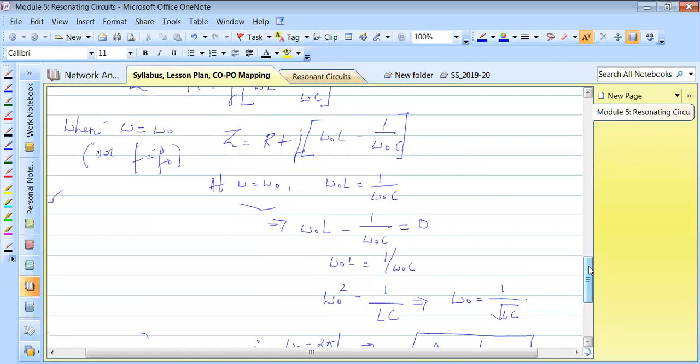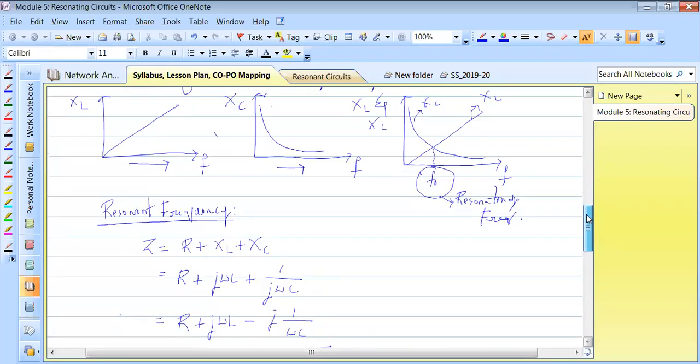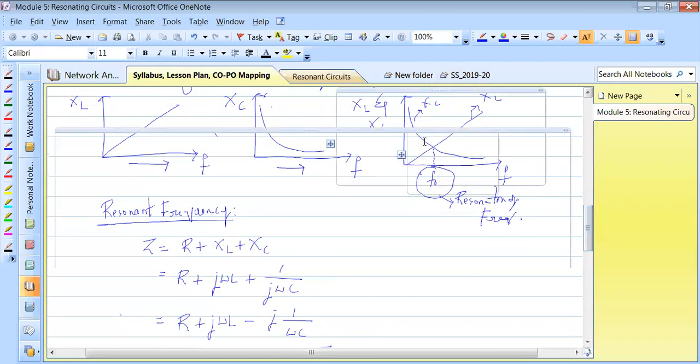The series RLC circuit would resonate when the capacitive reactance is equal to inductive reactance. That is at F equal to F naught. The series RLC circuit would resonate at F equal to F naught, and at F equal to F naught, XL is XC.